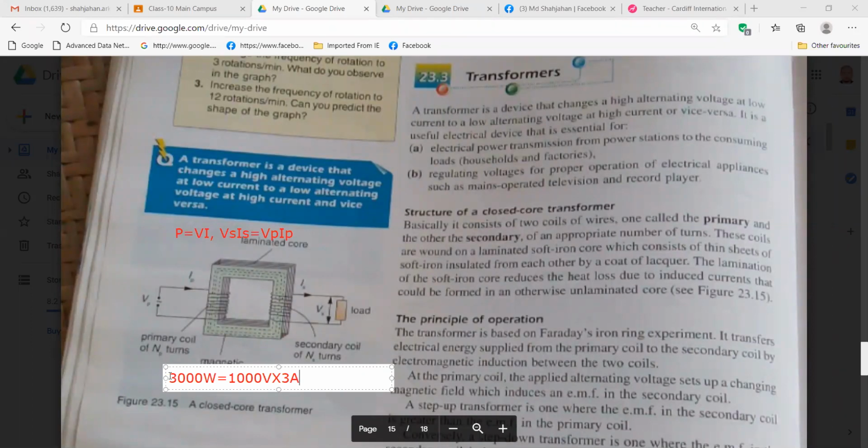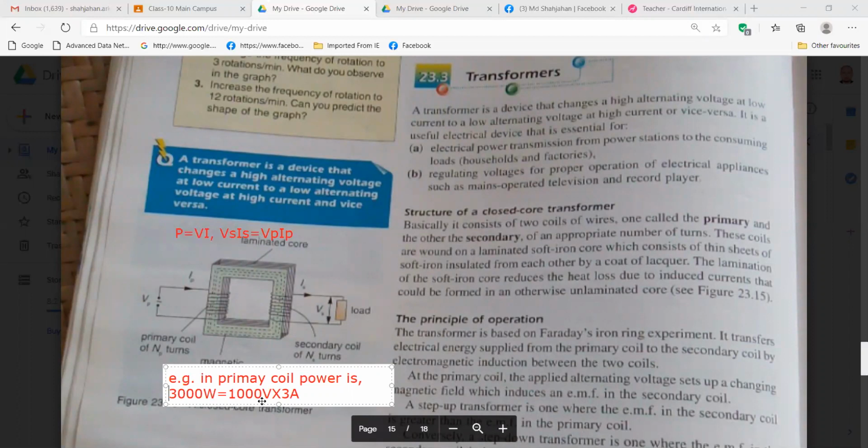Is it clear to you? For example, I am giving you one example. In primary coil or primary source, power is how much? 3000 watt. Then your current is 3 ampere, voltage is 1000 volt.